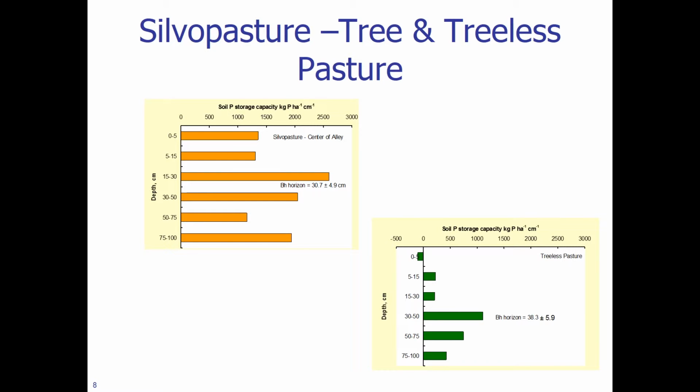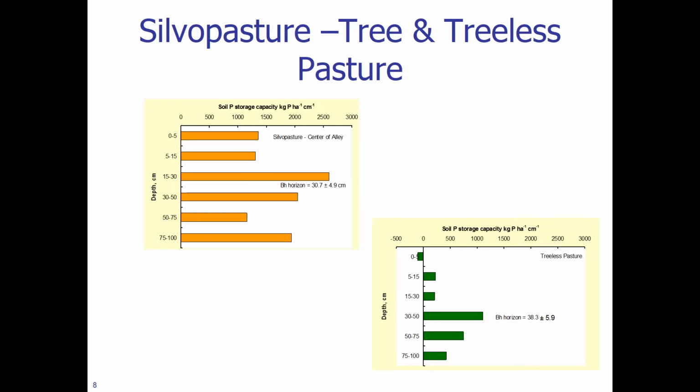Finally, if we take a look at the treeless pasture, what you notice is that the storage capacity is much less than that of the tree-based pasture. Obviously, the storage capacity has been compromised by phosphorus moving down the soil profile.